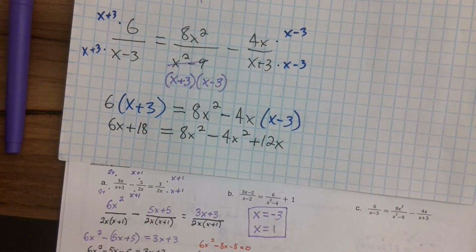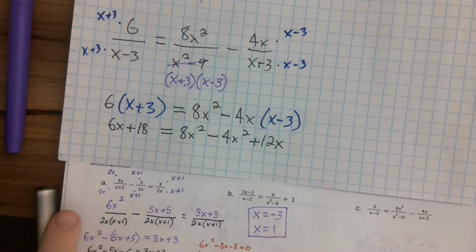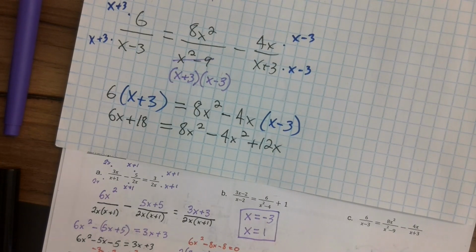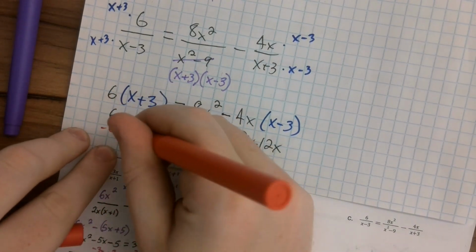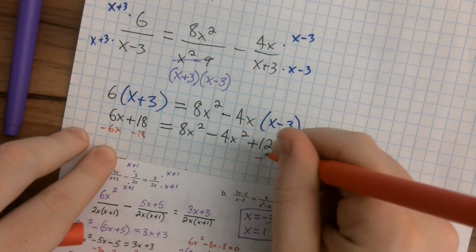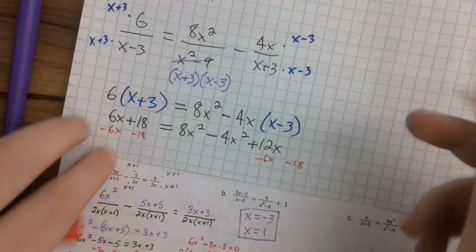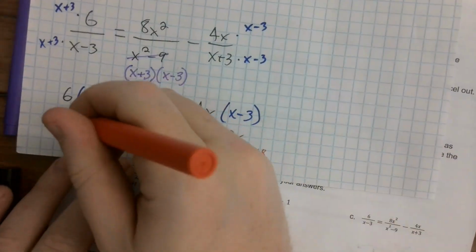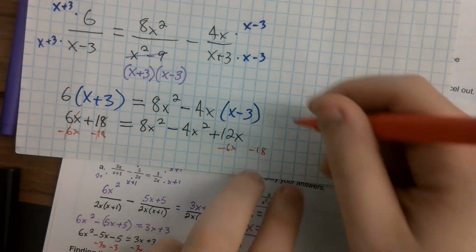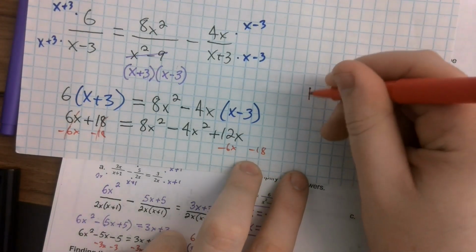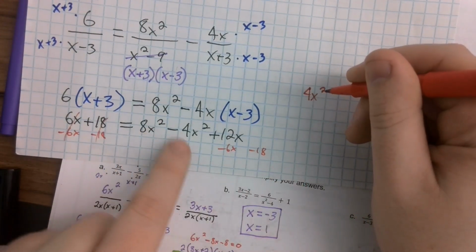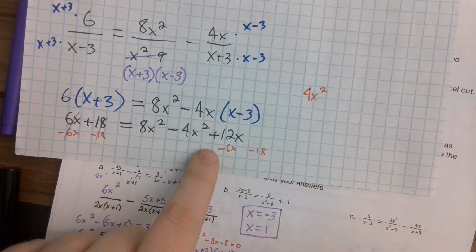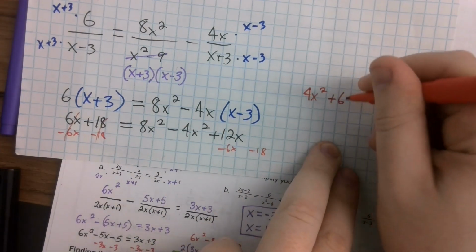And once again, if we move everything over to the same side, in this particular problem, I think it'll be easiest for us to subtract the left side and move it over here. These cancel out, and we'd be left with 4x squared, since 8x squared minus 4x squared is 4x squared, plus 6x minus 18.